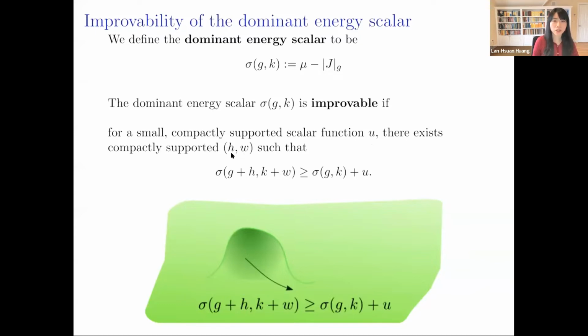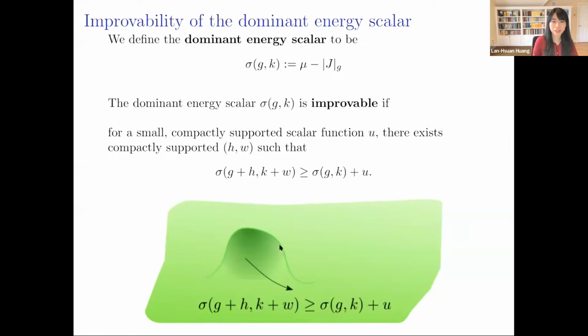It turns out to be a harder question. So we say this dominant energy scalar is improvable if for any sufficiently small compactly supported U, you can perturb this data G and K by a very small amount H and W, such that the dominant energy scalar is greater or equal to the original one plus this prescribed amount. And in most cases this will apply when U is positive somewhere.